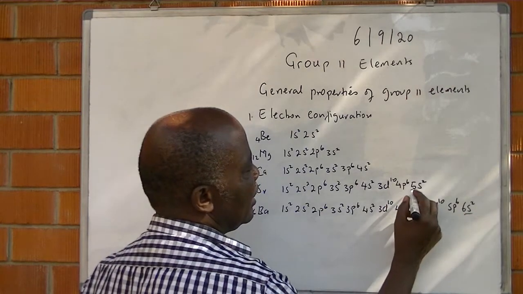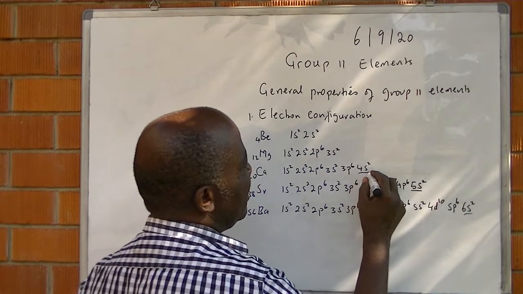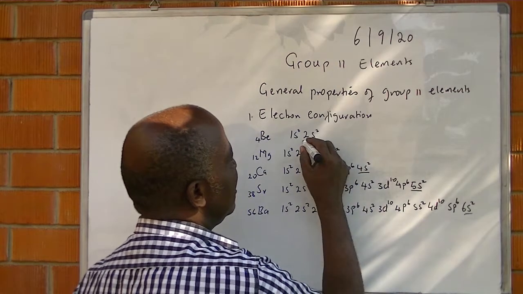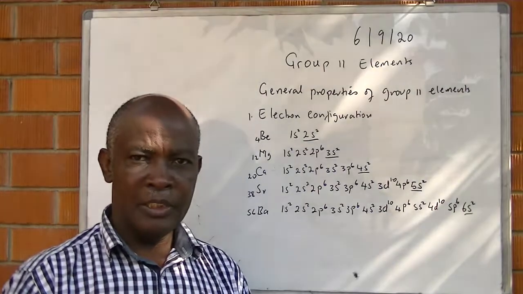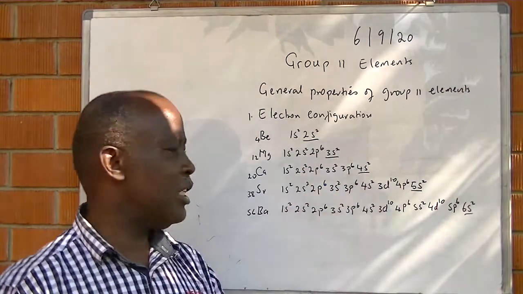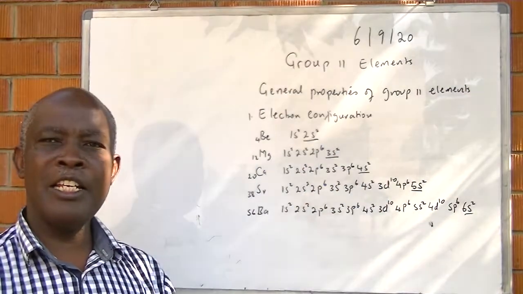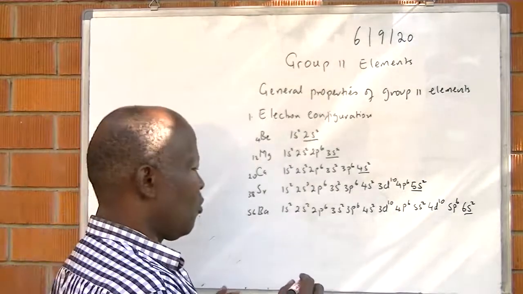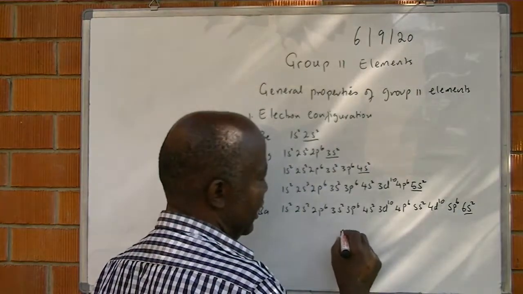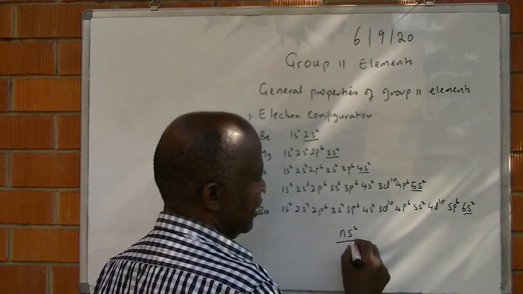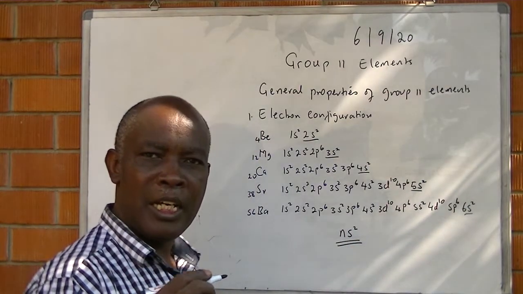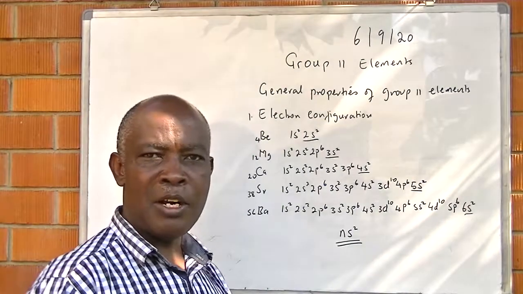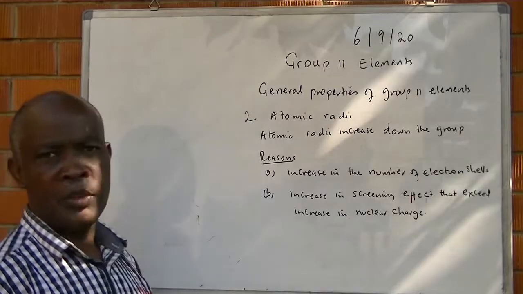We can see that group 2 elements end with 2 electrons in the outer shell. So you can say that the general outer shell configuration of group 2 elements is ns2 because they end with 2 electrons in the outermost shell.